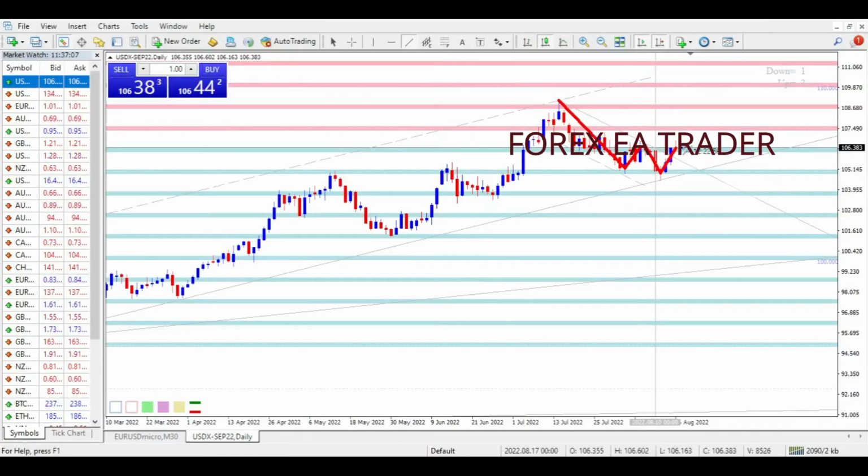And you know what we do: the moment the dollar index continues this way, for all the dollar pairs that start with USD, we are going to look for buys. All the dollar pairs that start with another currency, for example Euro USD, GBP USD, we are going to be looking for sales because the dollar will be strong.